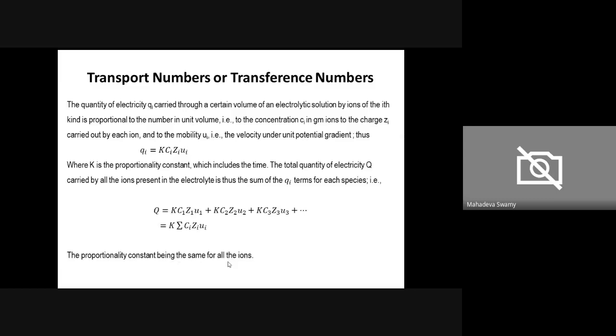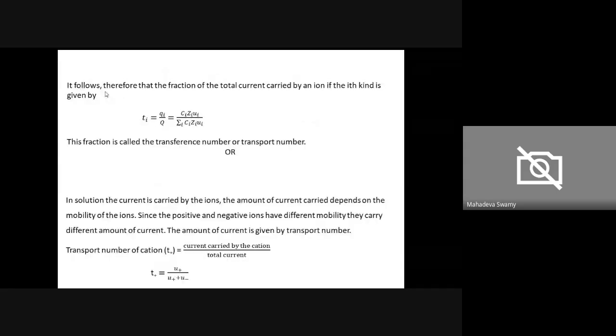Next, it follows that we can now represent the transport number. The fraction of the total current carried by an ion of the ith kind is given by the transport number.